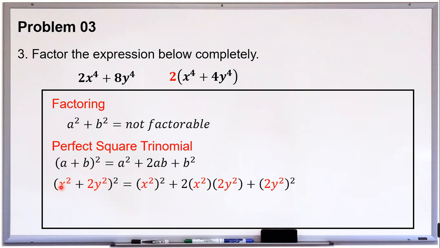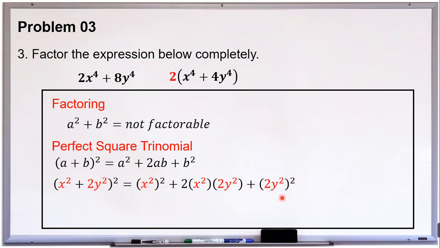So again, if this is a, to get the first term, square this expression. So you have x squared raised to the power of 2, and then plus, multiply these two expressions, and then multiply the product by the exponent. So you have 2 times x squared times 2y squared. And then to get the last term, you need to square the last term of the binomial, and that is 2y squared, squared.